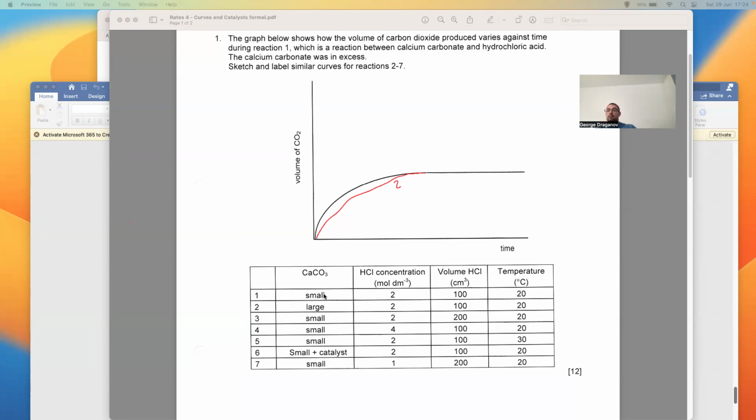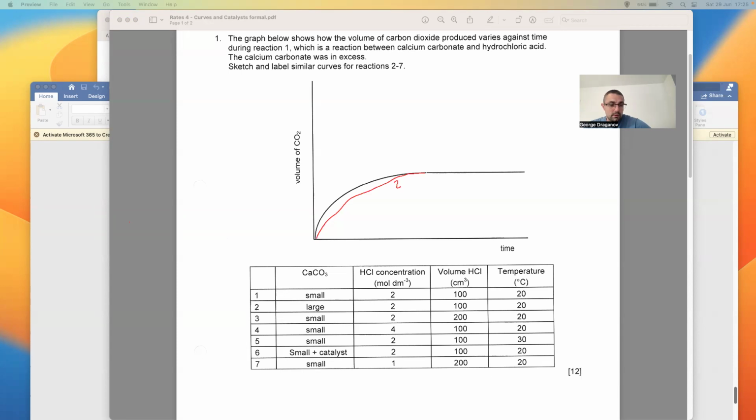The next one is going to be small and small, so it's the same as the first one, but the volume of HCl has been doubled. If you double the volume, you will double the amount of product you can form, because as we said, the HCl was limiting since the carbonate was in excess. So that would actually mean that you would have to draw it finishing at double the height.